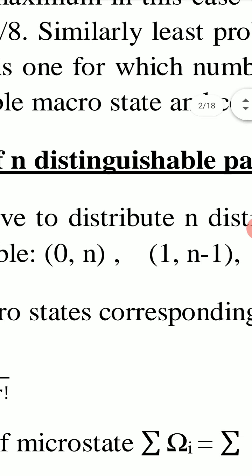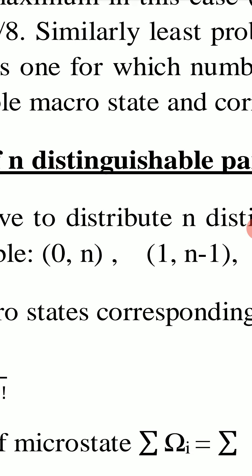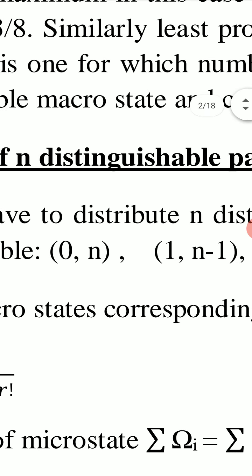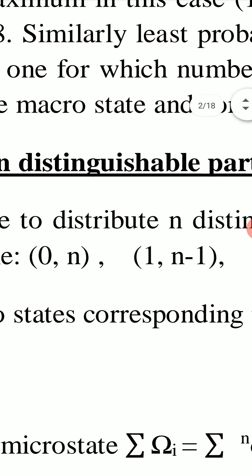And other macrostates are obtained when we increase the number of particles in the first box by 1 and decrease the number of particles in the second box by 1. So these macrostates are 0 n.